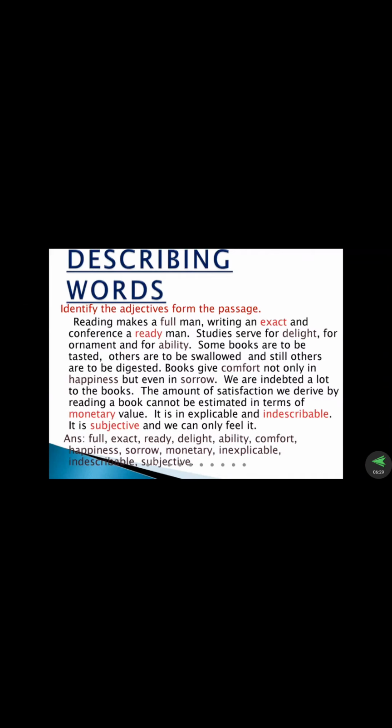It is inexplicable and indescribable. It is subjective and we can only feel it. See that this is a paragraph. In that paragraph, some describing words are used regarding one situation about the reading activity.